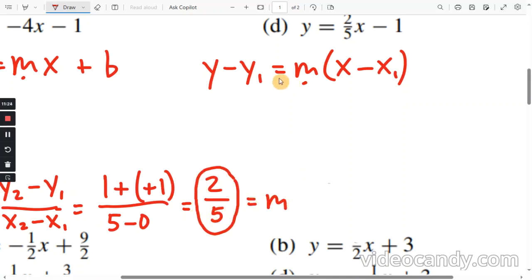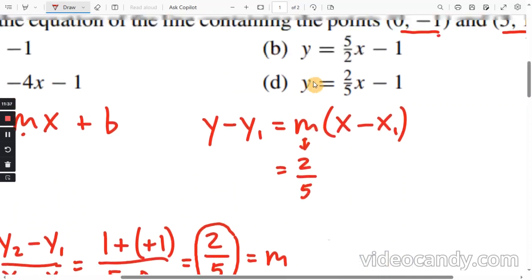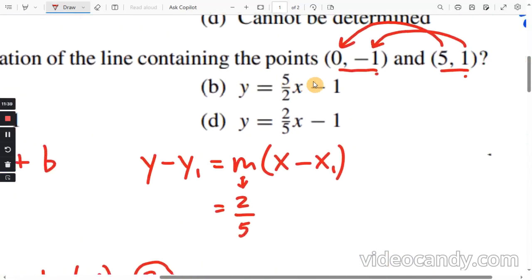Now, like I said, I like to use this equation. So I'm going to plug in the 2/5 for the m. So we got the slope m, and what you need to do is plug in one point, either one. You need to plug it in at the y1 and at the x1.